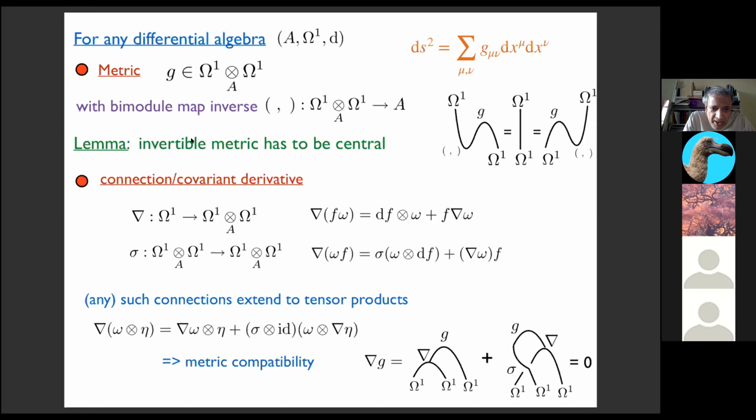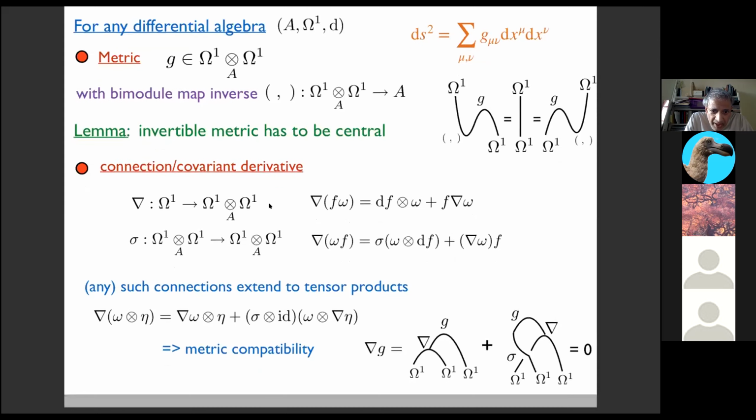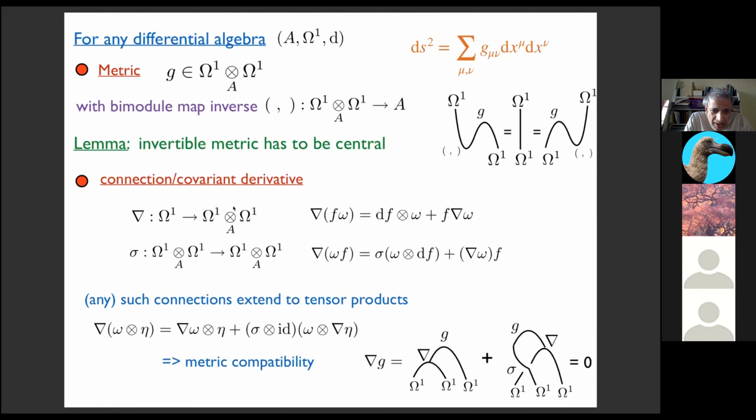So it commutes with functions. So even though we're trying to do geometry, we have a constraint on G, which you can view either positively or negatively, depending on which side of the bed you woke up on. But let's not worry about that. There are lots of examples in any case, even with central metrics.